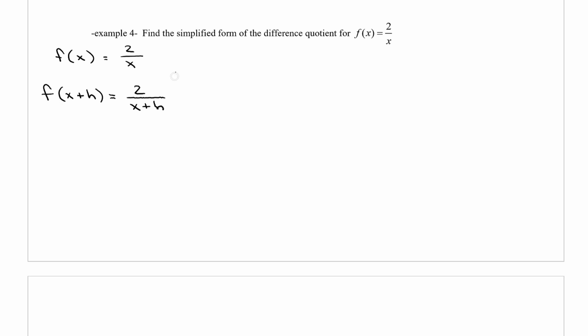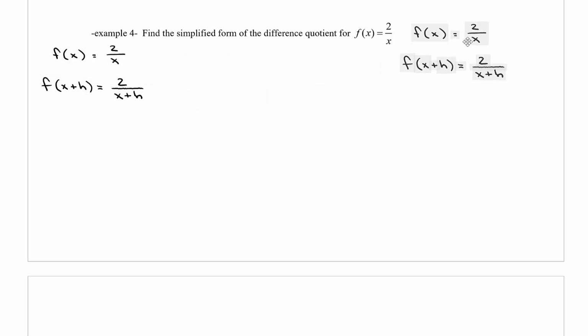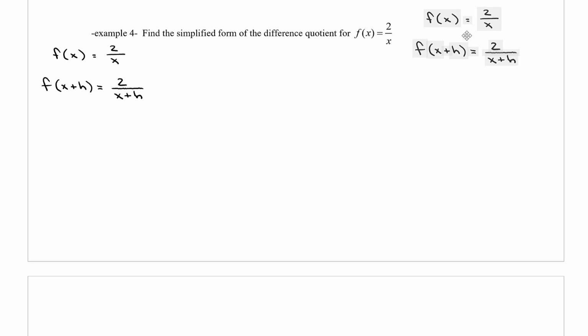I'm going to first lasso in the work that I wrote in here, the two functions that I wrote down. I'm going to shrink them, and I'm going to move them over to the upper right-hand corner of the screen, so that way I have more space to do my work. I'm going to write down f of x plus h minus f of x over h.